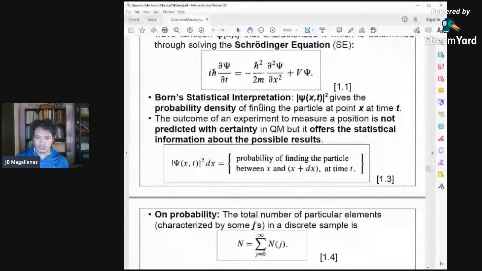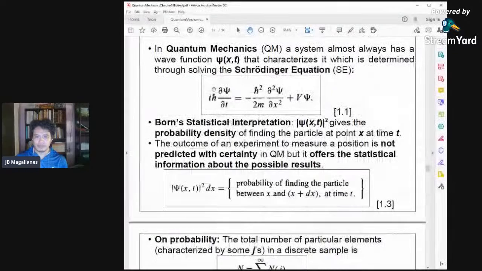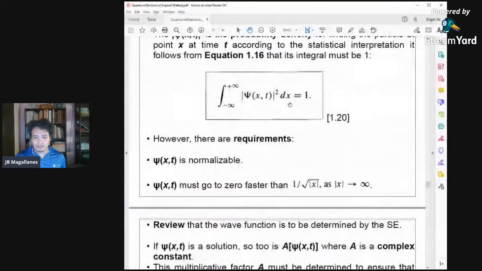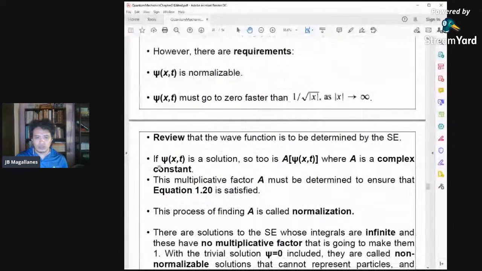Here is the Schrodinger equation, and you'll be able to get this subject to some potential or constraints. The Schrodinger equation would have a solution psi, but psi times any constant a, where a is a complex number, is also a solution to the Schrodinger equation.